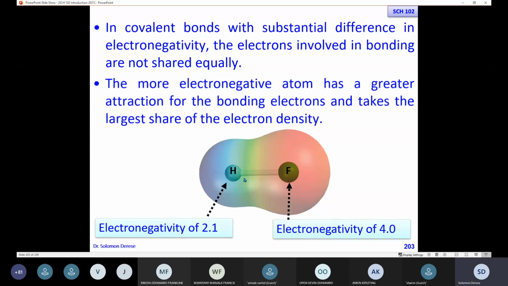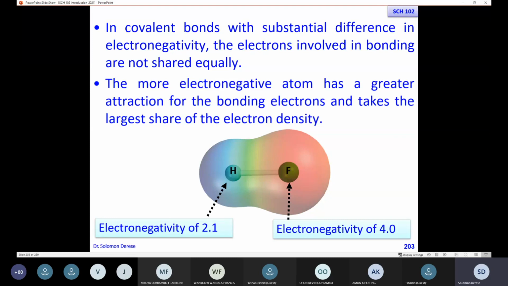This covalent bond is polarized. You can also have another type of covalent bond, a covalent bond between hydrogen and chlorine, for example. When you compare the polarity of hydrochloric acid and the polarity of hydrofluoric acid, their polarities are not the same.